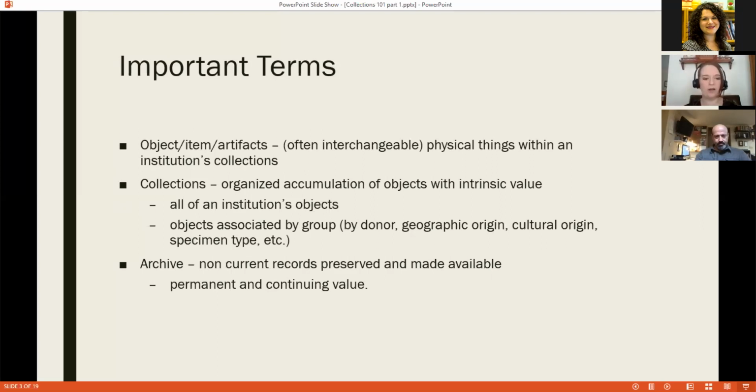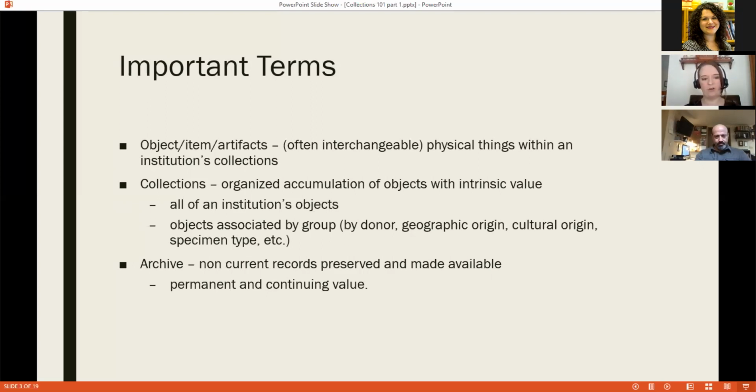And then we have archives. I tend to lump archives and collections together because I think of a museum setting where you have both, but sometimes you may not have both. Archives are non-current records that have been preserved and made available to the public, and these records usually are of permanent and continuing value.